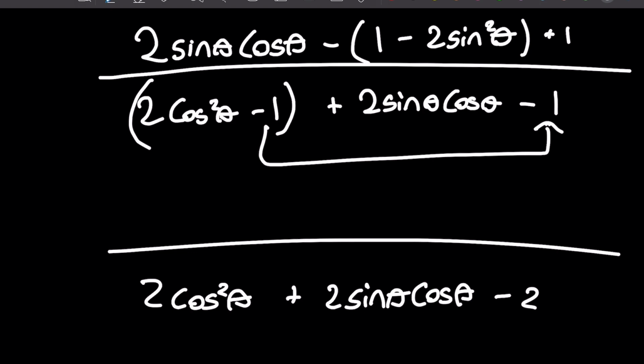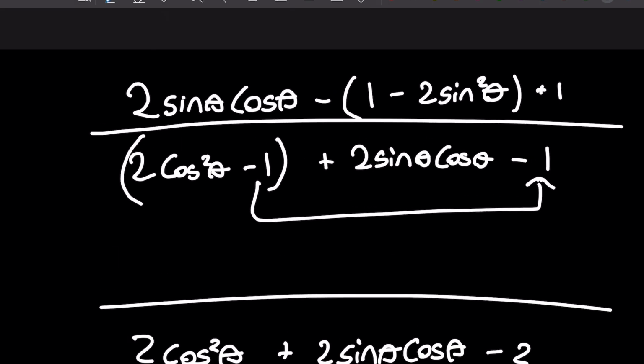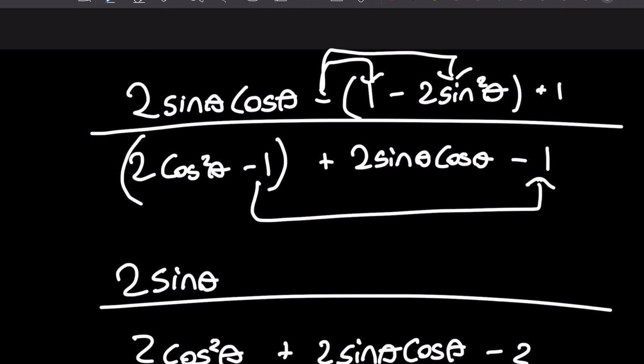And for the numerator now, we can expand this negative sign to these things. So it'll be minus 1 plus 2 sine squared theta. So we have 2 sine theta cos theta minus 1 plus 2 sine squared theta plus 1.